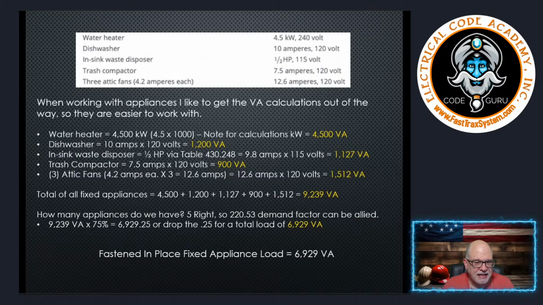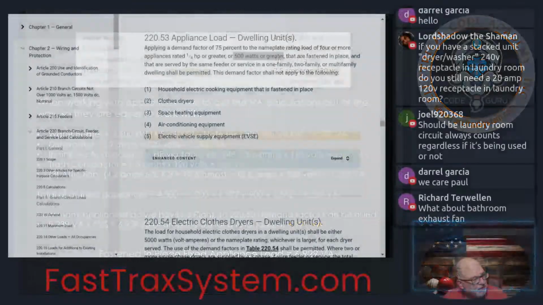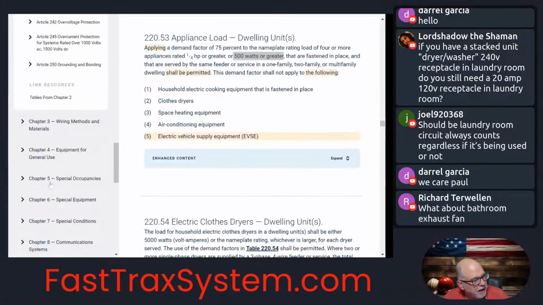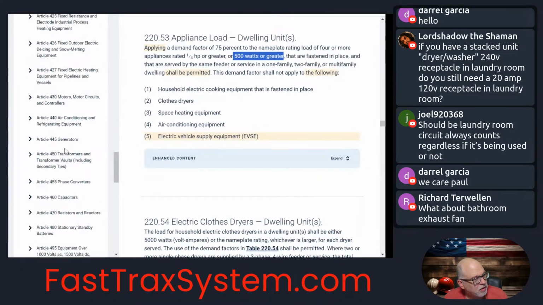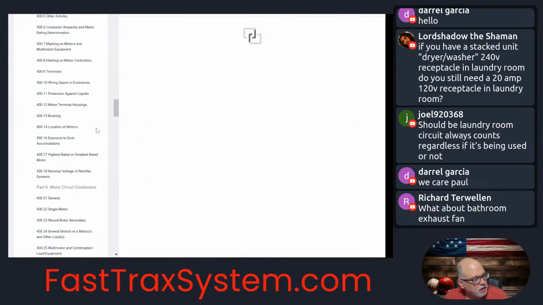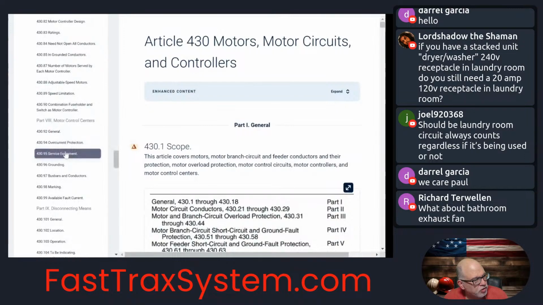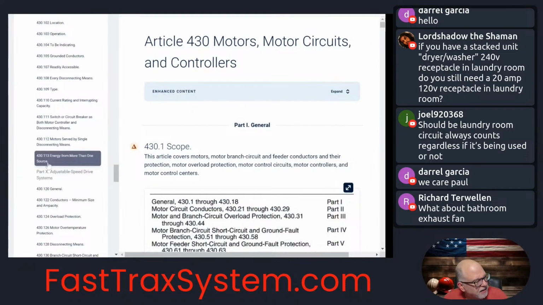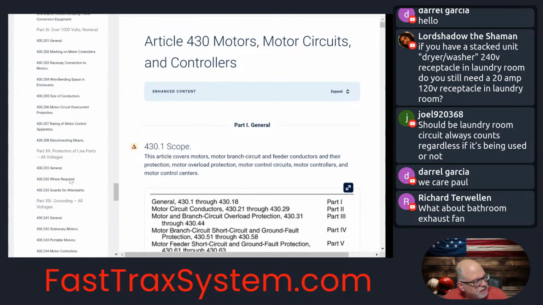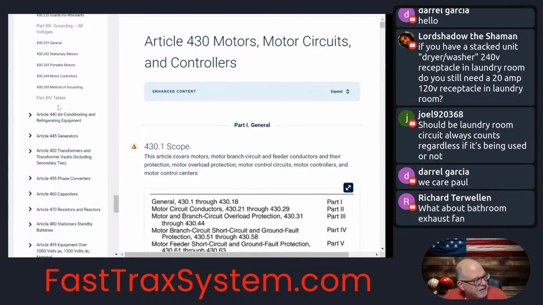Now, if we do that in the NEC, because I make sure I don't leave anybody hanging, for anybody who might be new to the code or new to our program, I'll show you where I go. You go to 430, which is motors, and we're dealing with a motor because it's in a horsepower rating. Then I go down to the tables at the back.